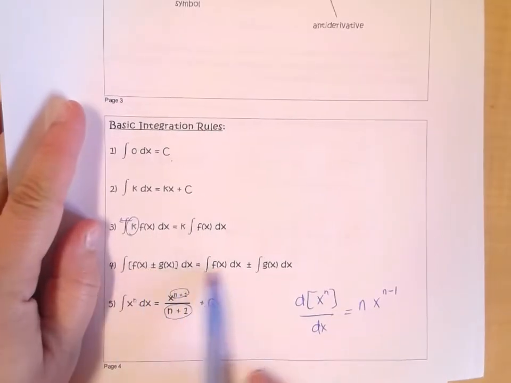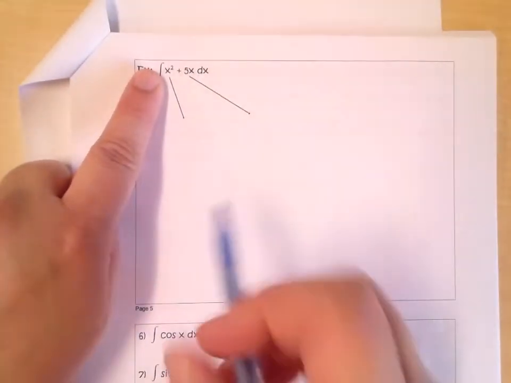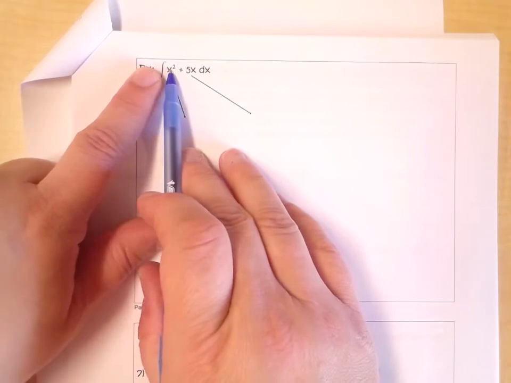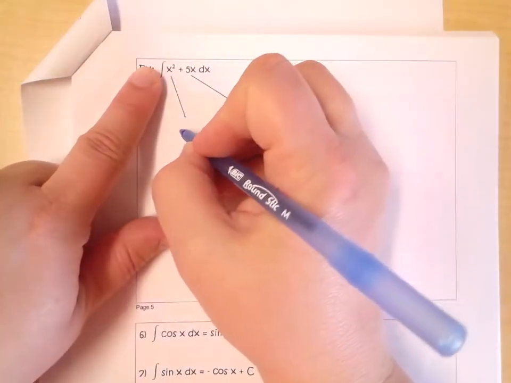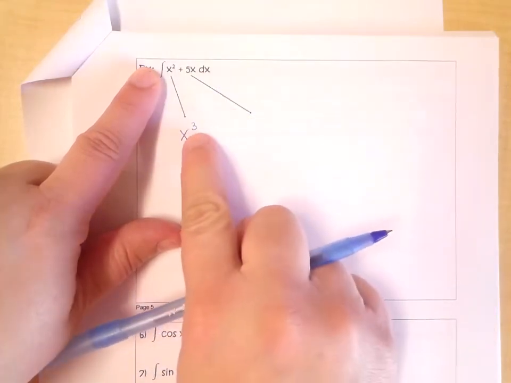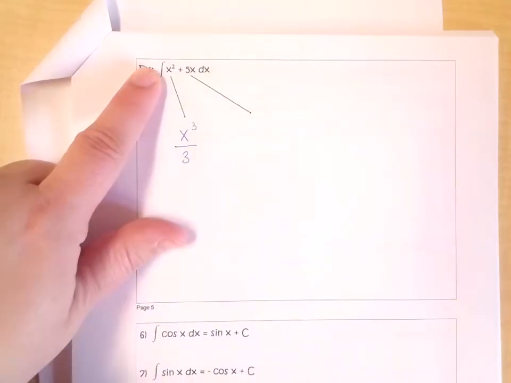All right. So rule number 4 just says we can integrate each of the individual pieces by themselves. Let's start with x squared. Increase the exponent by 1. And then that exponent becomes the denominator.